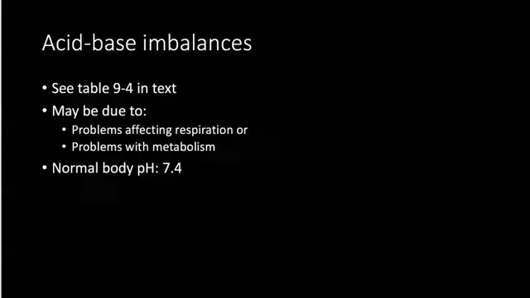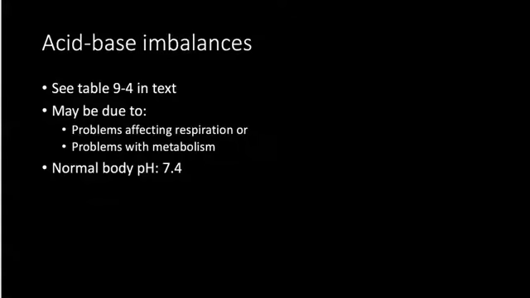But think of problems with respiration. You can have respiratory acidosis, or you can have respiratory alkalosis, or you can have metabolic acidosis, or metabolic alkalosis. So normal pH should be 7.4.